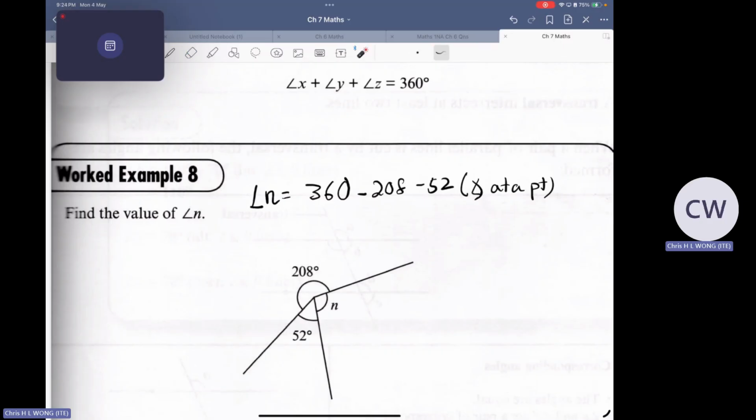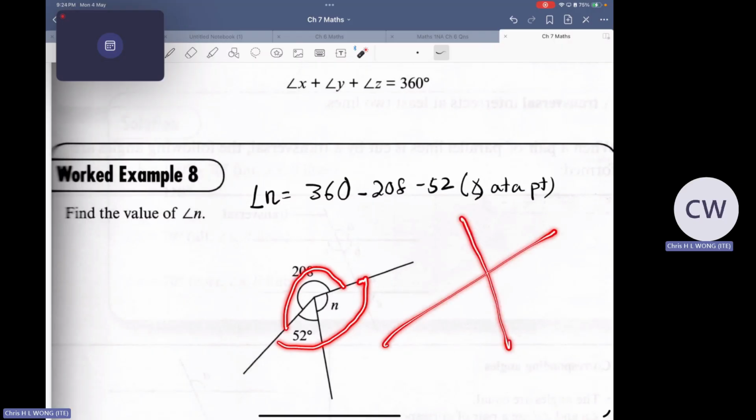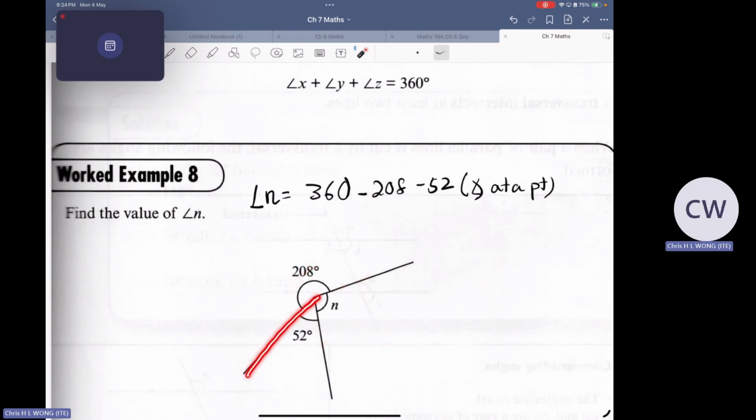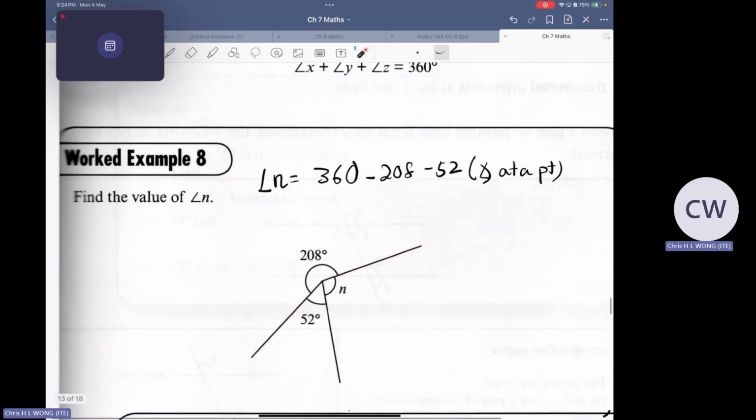Can I say this one is equal to this one? No. For vertically opposite angle, you need two straight lines. Remember that. This is not a straight line.